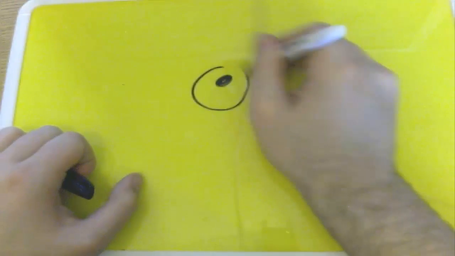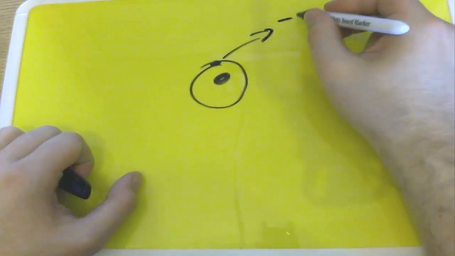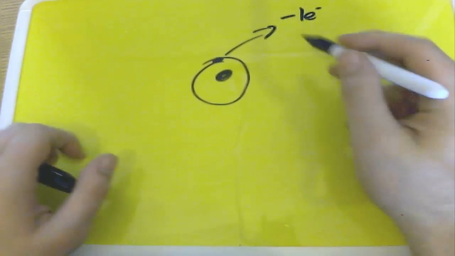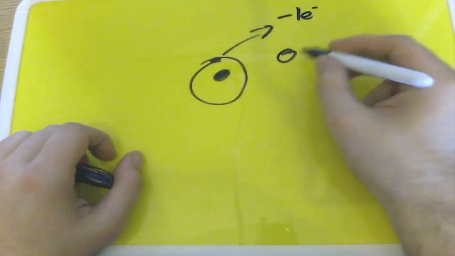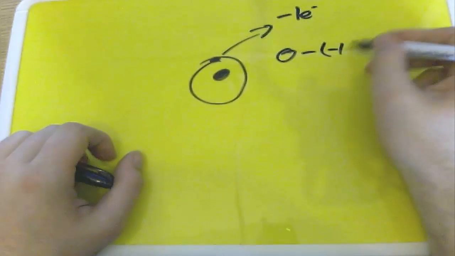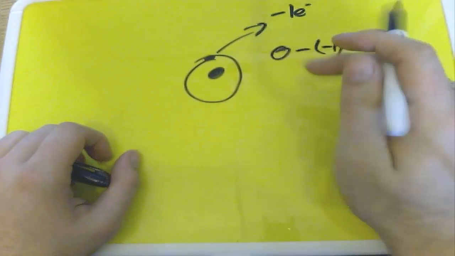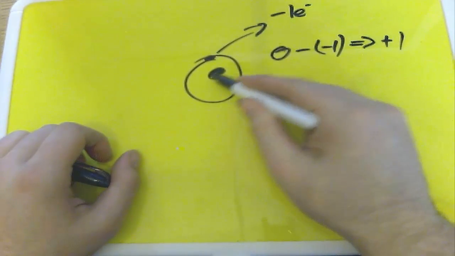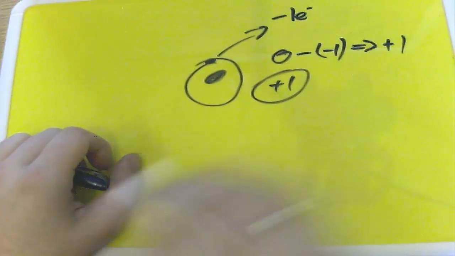Let's just say here, this is hydrogen, minus one electron. Therefore, its charge goes from 0, minus its electron, to +1. So a proton has a +1 charge. There you go. Another little bit of information.